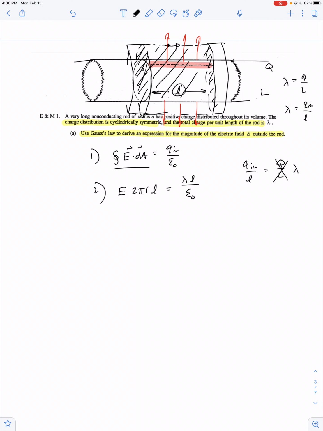L would be bigger, but it would be bigger on both sides of the equation, so it cancels out. So E is equal to 1 over 2 pi epsilon naught times lambda over r. Or you might prefer to write that as 2k lambda over r. Same thing, knowing, of course, that k is 1 over 4 pi epsilon naught.